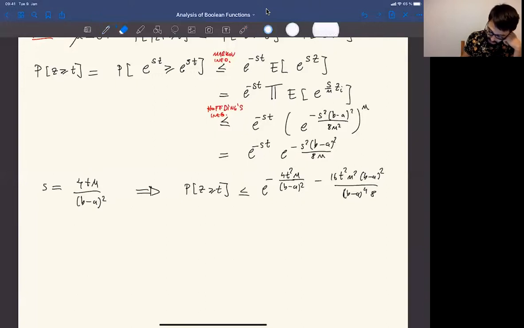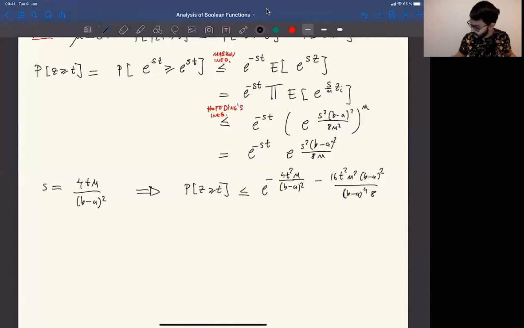This here is actually a plus, sorry. This thing doesn't make any sense if it was a minus. This is Hoeffding's inequality, and so this is actually a plus.